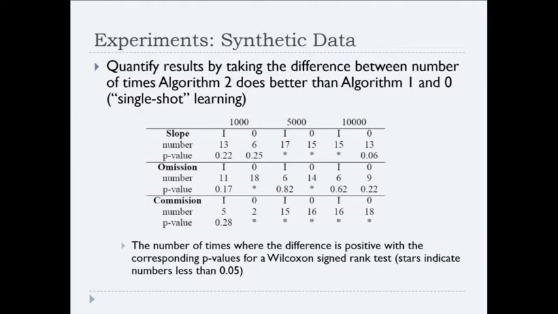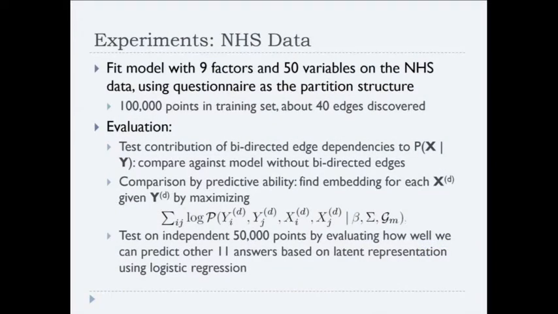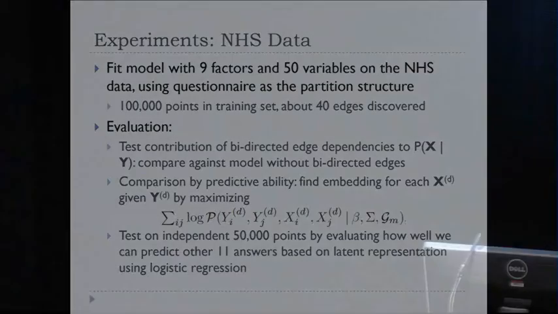And with that, separate some set of questions that are not included in the model. Use the latent embedding, given a subset of the questions, to predict questions outside that set. Comparing the model where I do not do any bidirected structure search against the model where I do it.